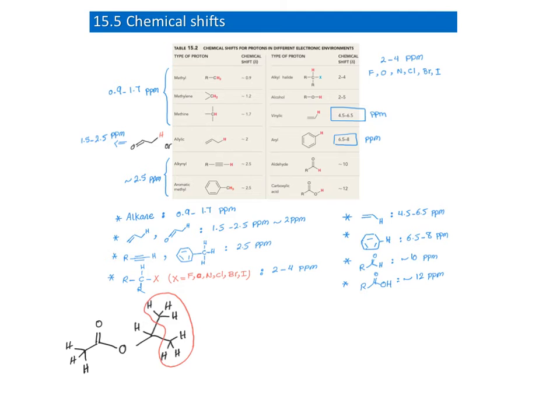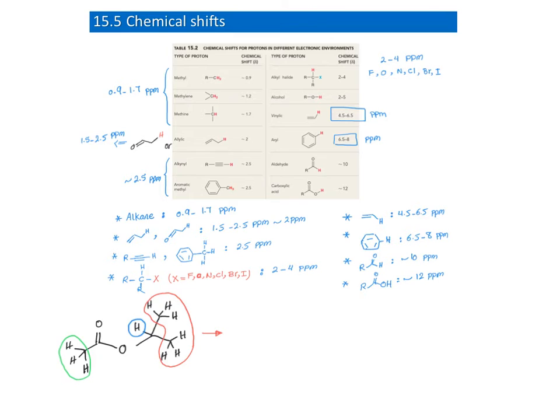Then we have this hydrogen, it will show another signal. And then we have these 3 protons. They also show another signal. Now let's decide about their chemical shifts.